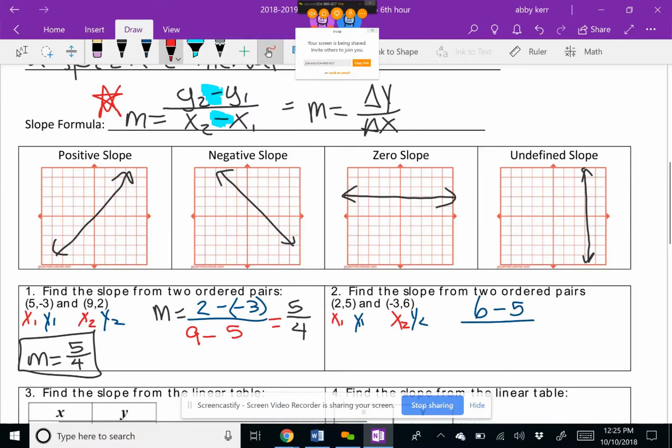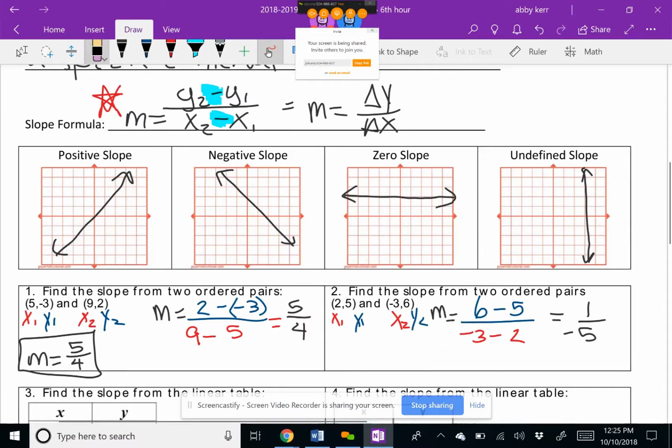And then my x2 is negative 3 minus 2. Remember, the letter we use is m for slope. So 6 minus 5 is 1. Negative 3 minus negative 2 is negative 5.